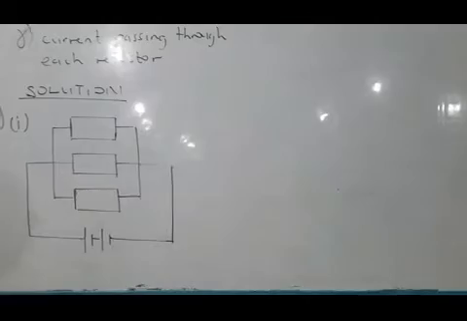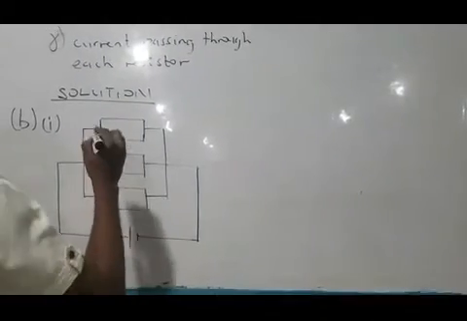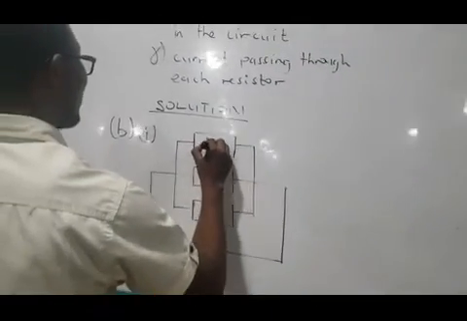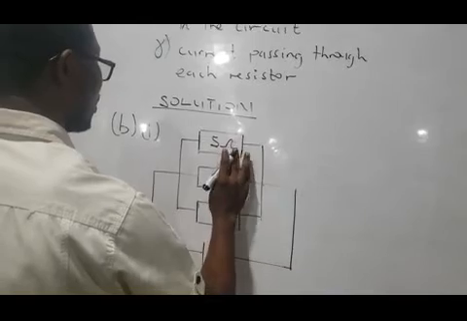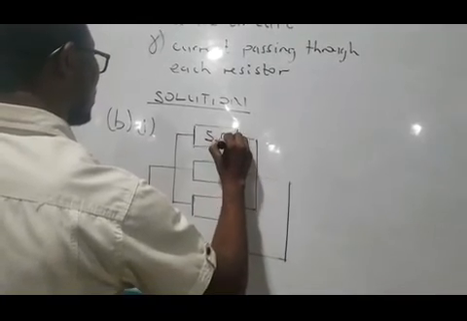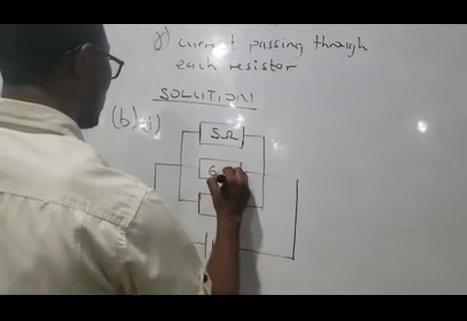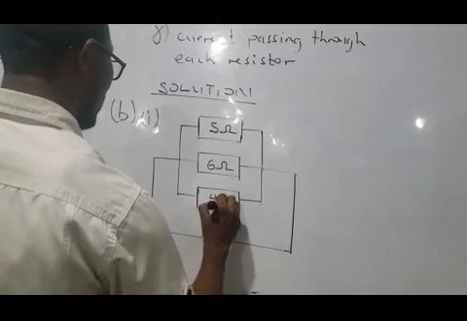Okay, so you have the 3 resistors, with resistances 5 ohms, 6 ohms, and then 4 ohms.